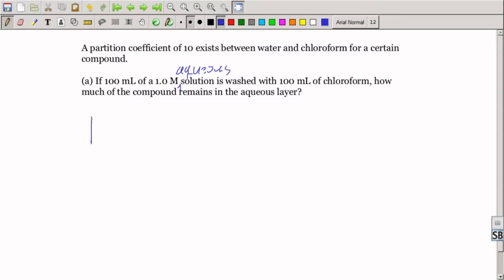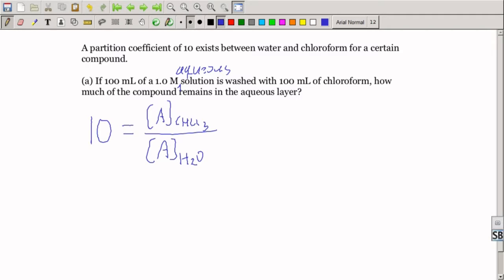Here's what you can say. The distribution coefficient is 10. The 10 pertains to the molarity of the solute in the chloroform, we'll just call it A, and chloroform is CHCl3, divided by the molarity of the analyte in water. Now how do we figure those things out? Well, we know the initial molarity of the analyte in water.